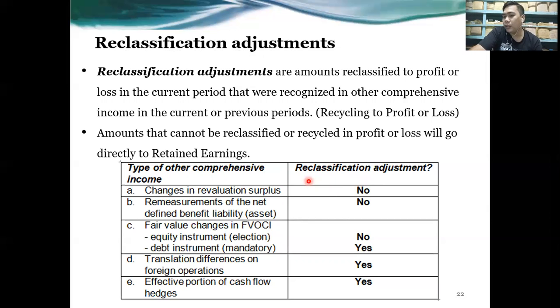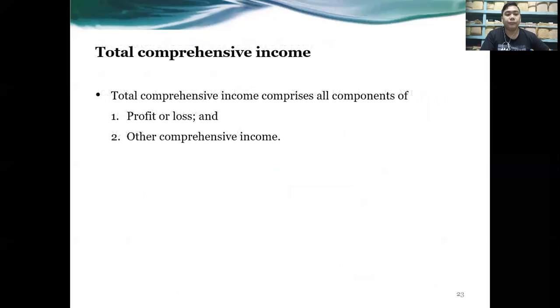Pag hindi mo siya mabutang sa profit or loss, butang mo siya sa retained earnings. Amo ni sila. So, overview pa man lang. Later, mas mag-go deeper pa kung mabalaan nyo na kung ano ang mga investments. Total comprehensive income means total sang profit or loss kag other comprehensive income.